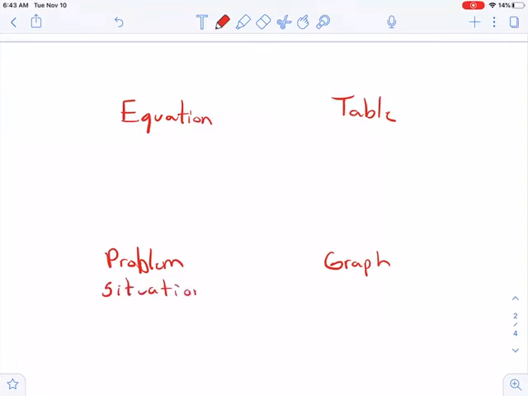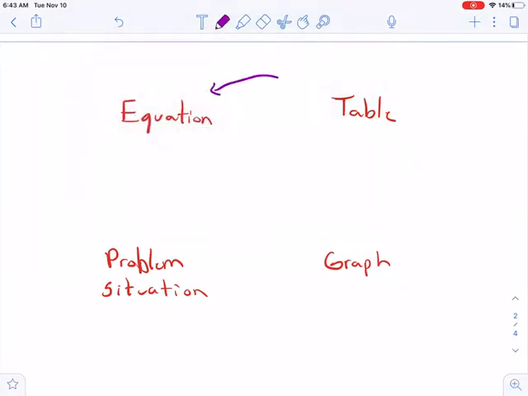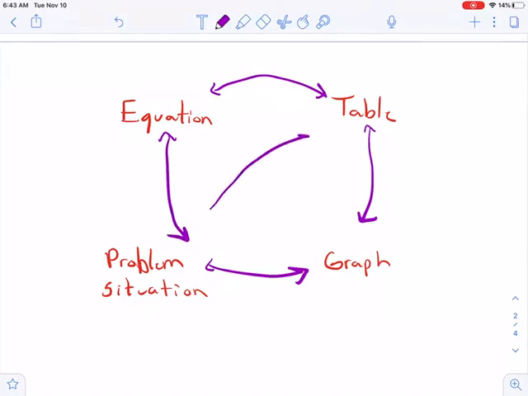So within our units, this is something that I'm generally looking to do, is find a way to connect all these various components to one another, so that if we have a table, we could come up with an equation or a problem situation.